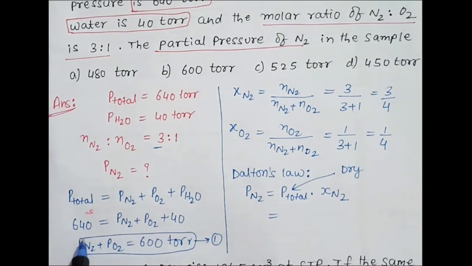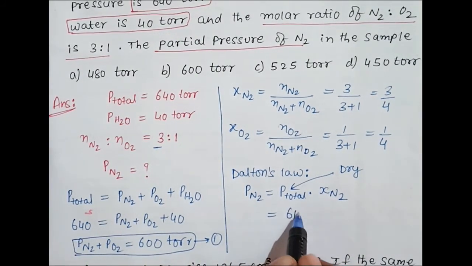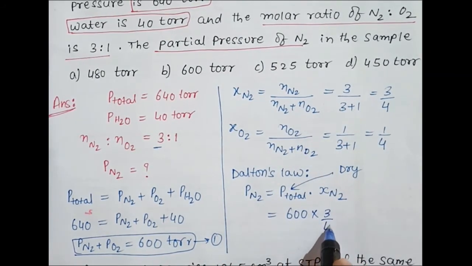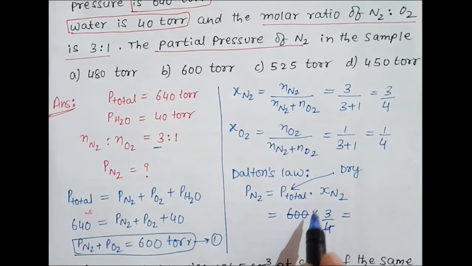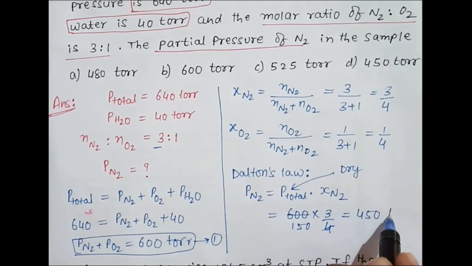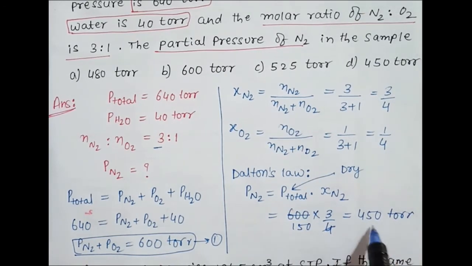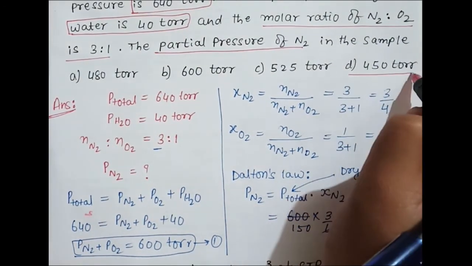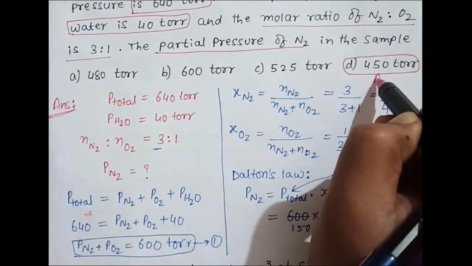It is 600. So it is equal to 600 into mole fraction of N2, 3/4, which is 150 into 3, which means 450 torr. So the answer is 450 torr. Yes, this is the answer.